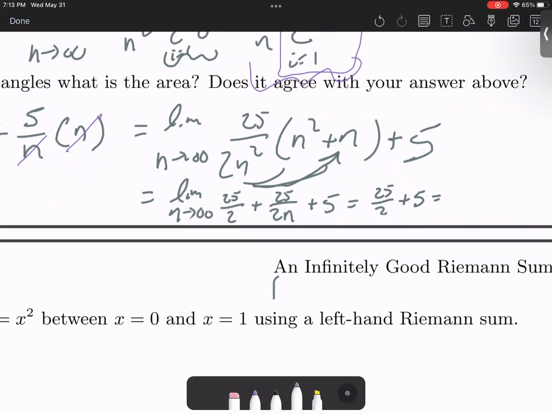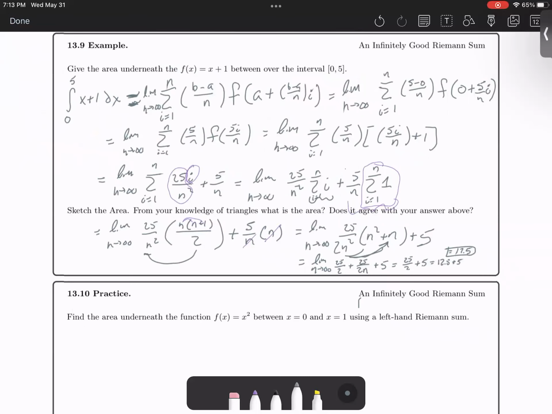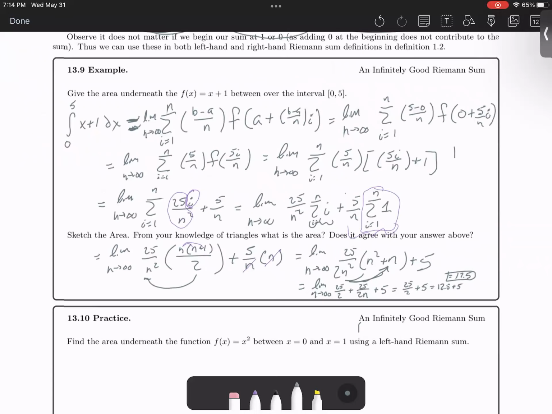So what is this? 12.5 plus 5? 17.5, I think. Yeah. Cool. So the actual true area underneath this function is equal to 17.5. Let me put that up here somewhere. 17.5.